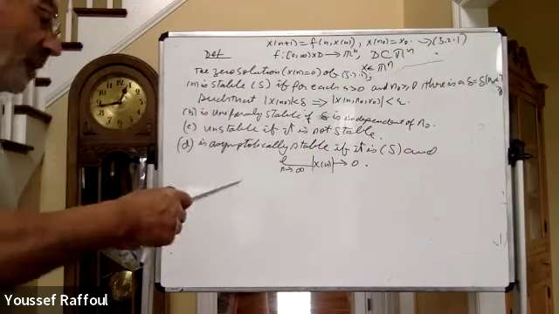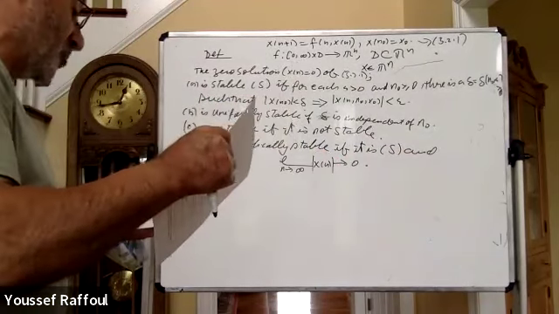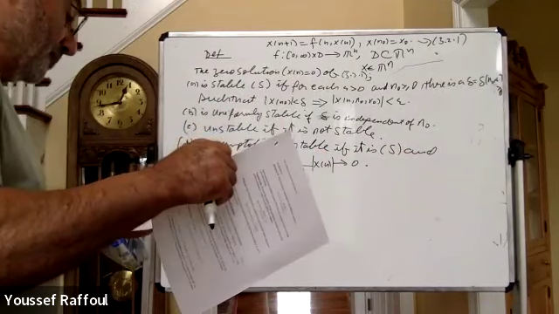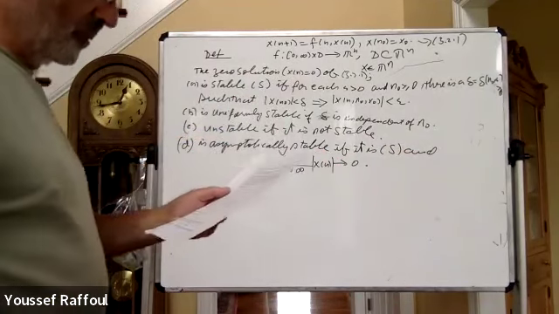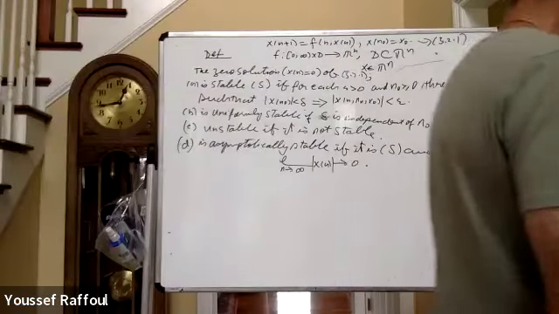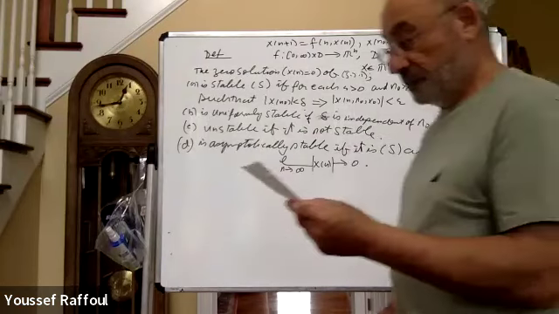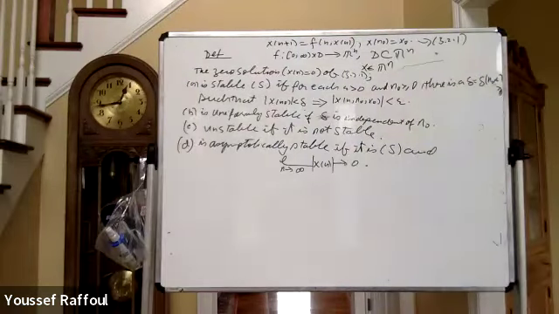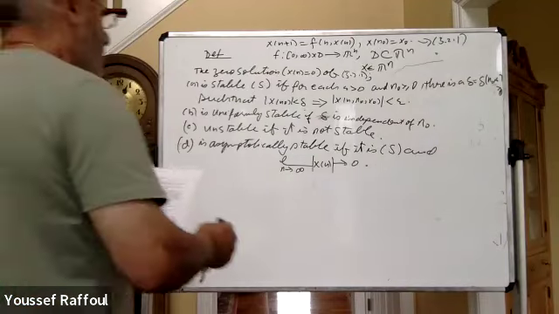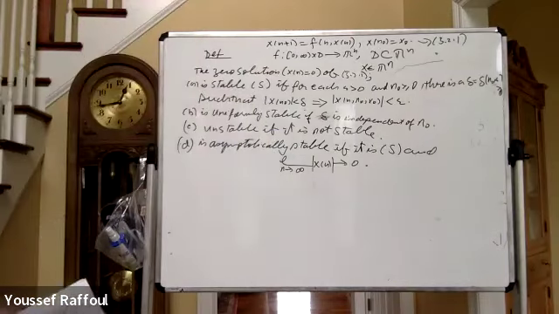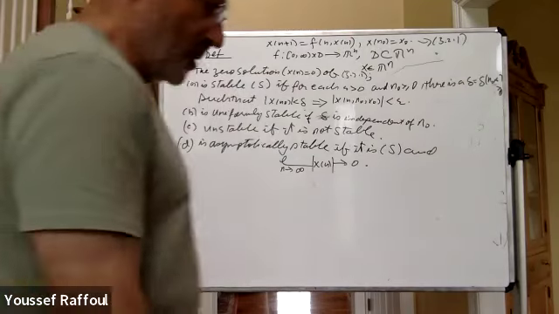Now, there are different stability notions. I recommend, if you are into stability, to read them. In this course I'm only going to talk about A, B, C, and D, all the way up to asymptotic stability.